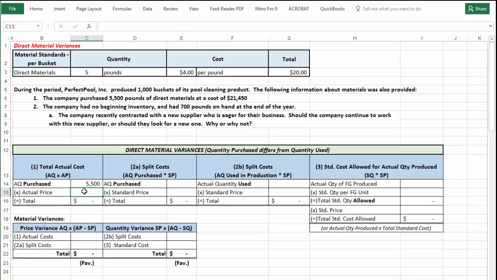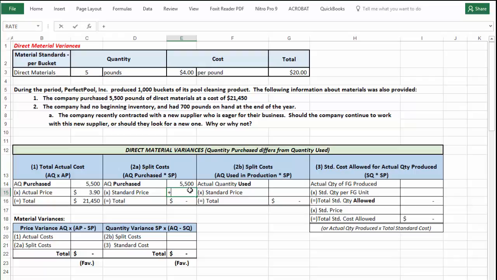So we'll put that into the spreadsheet. 5,500 pounds at $3.90 gives us a total actual cost of $21,450. Let's compare that to the total value of the actual pounds purchased multiplied by the standard price. They bought 5,500 pounds. The standard price, the price they should have paid, was $4 per pound.